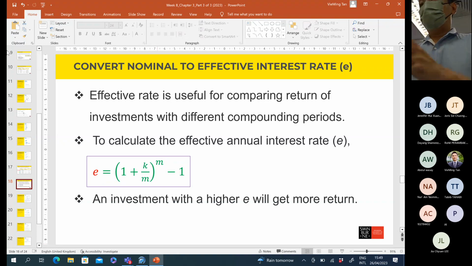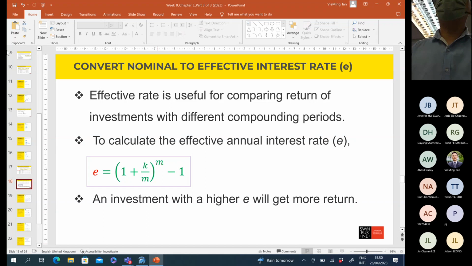Since the interest calculation can be semi-annually, monthly, or daily, it's very hard to compare which is more costly or gives more return. So one way is to convert all of the interest rates into effective rate. The higher the effective rate, the more costly the borrowing, or the higher the return on the investment. So how to convert the nominal rate into effective rate?